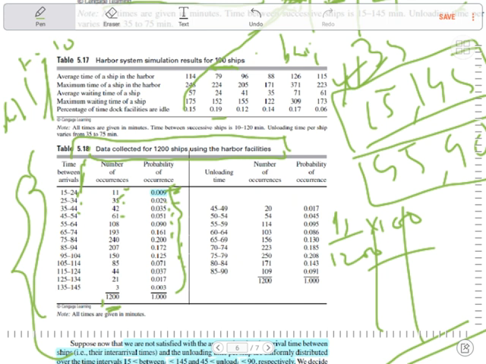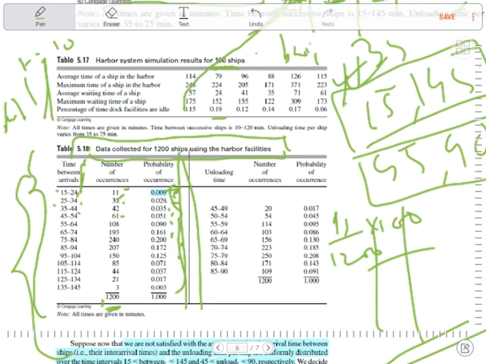So it will be 0.009 for this one, 0.029 for this one, and likewise. Similarly, we are taking care of one random number generation, which instead of uniform will now be a biased random number generation.